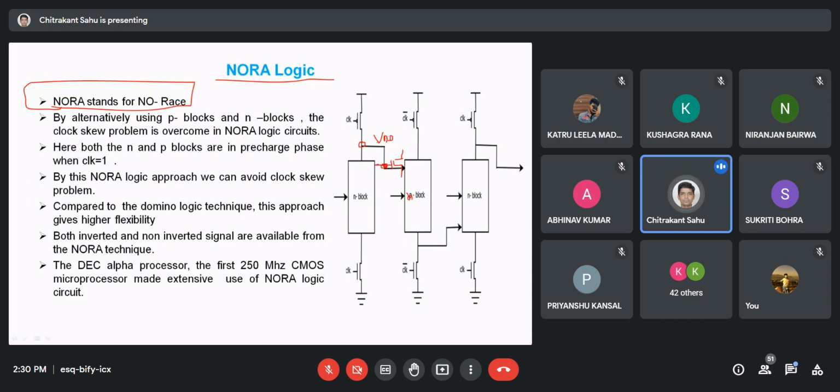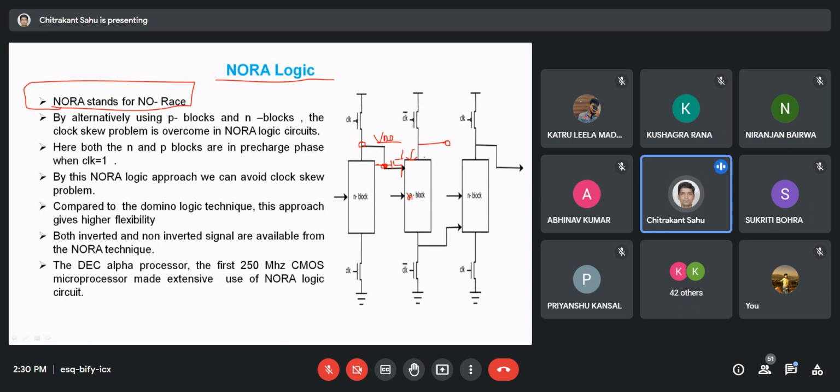One input is directly coming to this particular n block, and it will remain on always. That should not happen. This will be pre-charged to VDD, and then the charge sharing problem will always arise in the second stage. I'm talking about the second stage, not the first stage. So that is the major disadvantage.